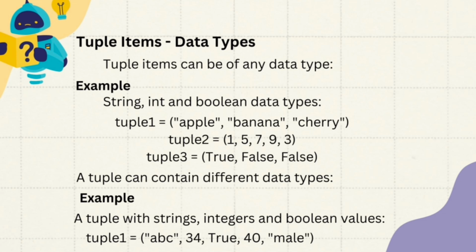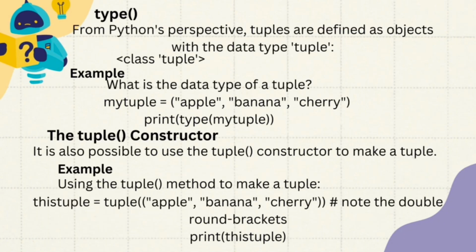Tuple items data type. Tuple items can be of any data type. From Python's perspective, tuples are defined as objects with the data type tuple.